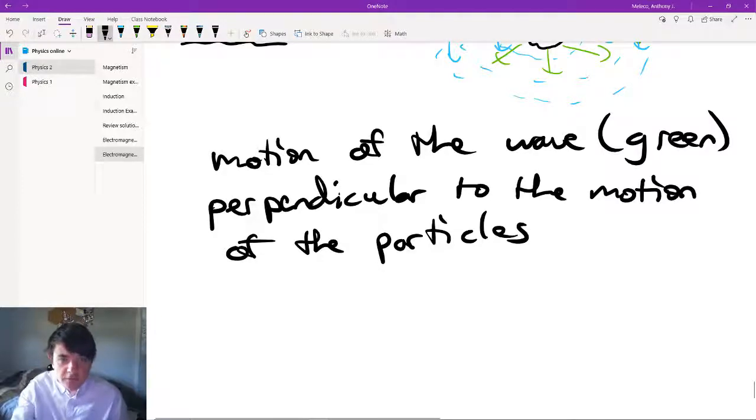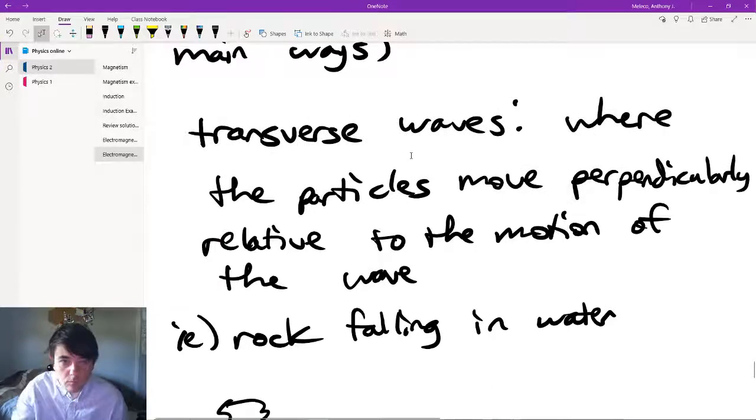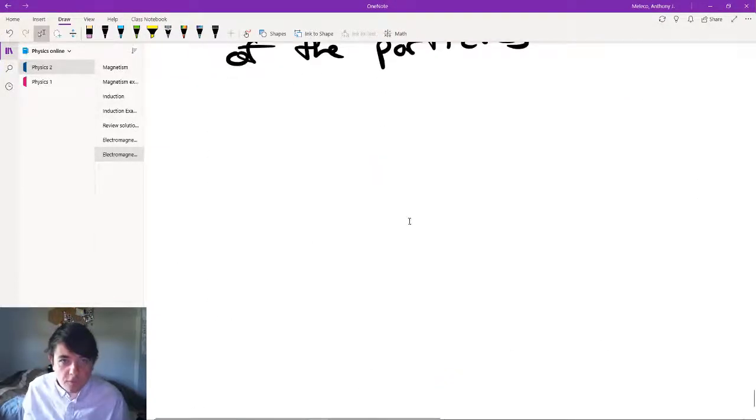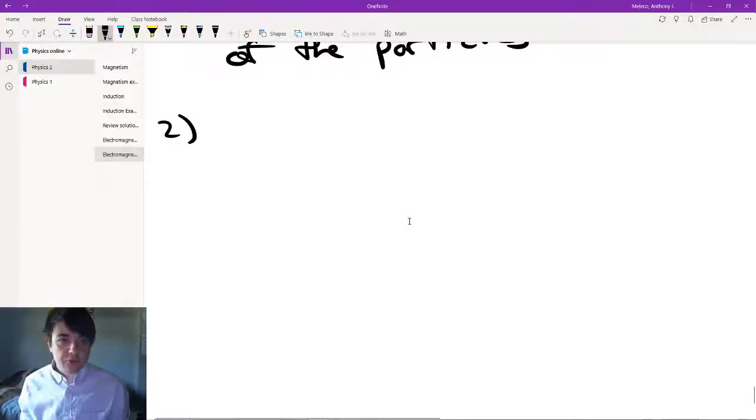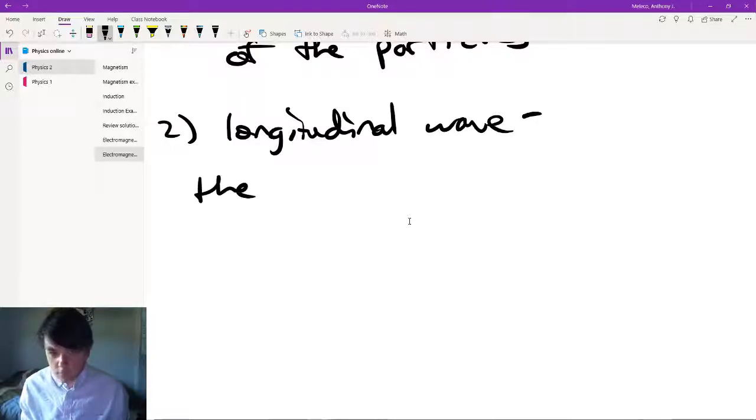The second type of a wave is a longitudinal wave. And this is the motion.